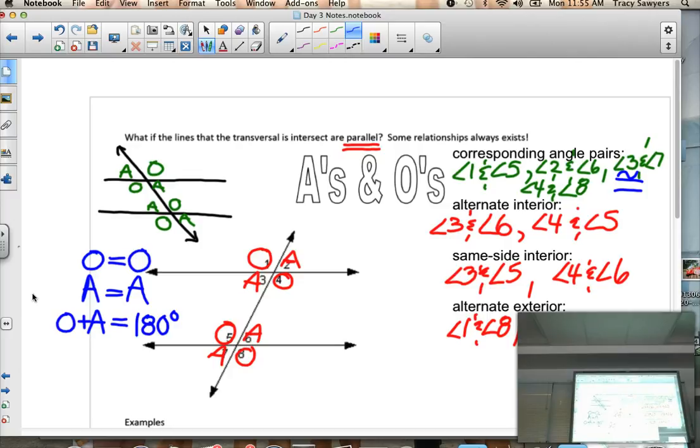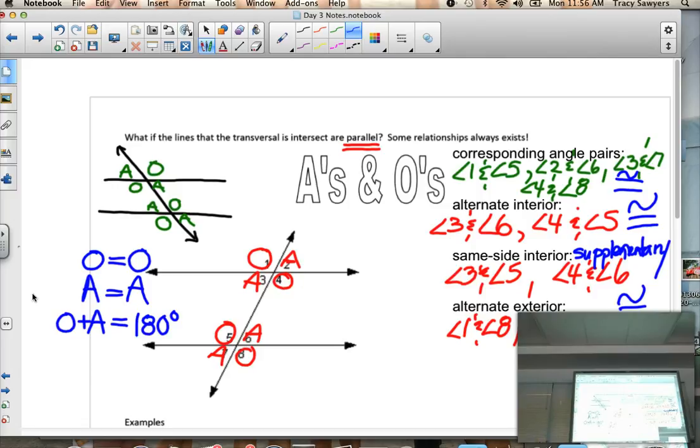What about their measures? They are congruent. How about same side interior? Why don't we have a symbol for supplementary? Supplementary. And alternate exterior. Are they supplementary? They're the same. Congruent.